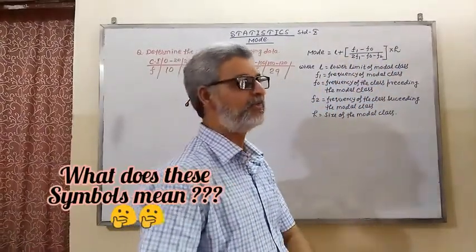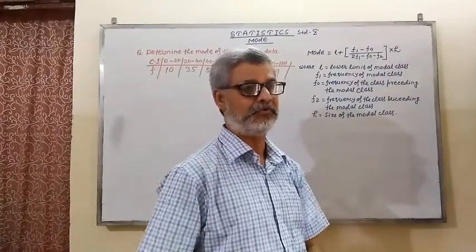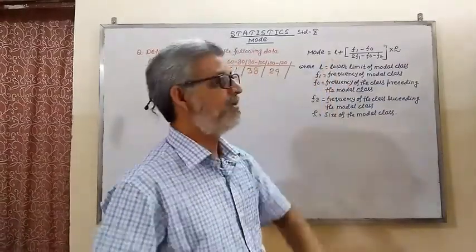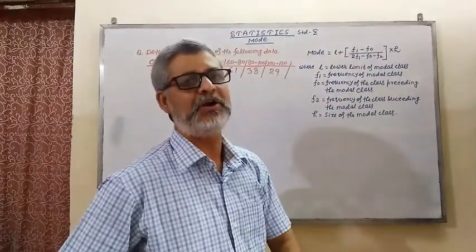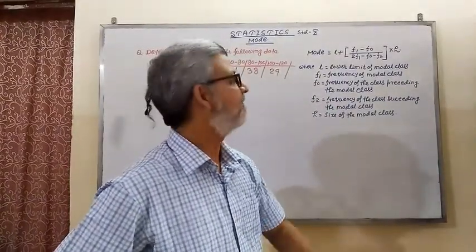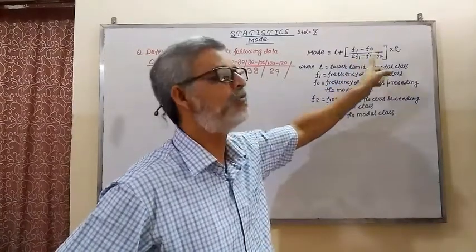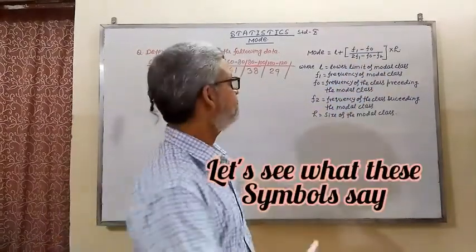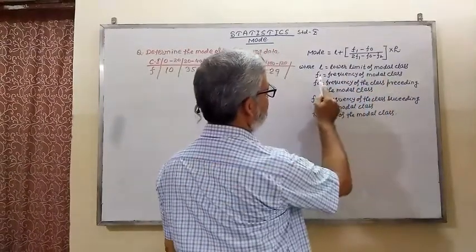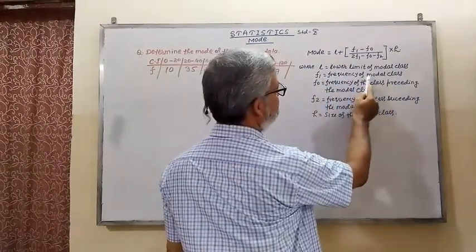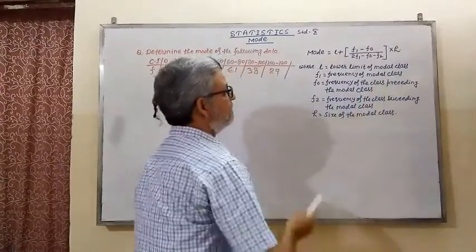Now the meaning of these symbols is also very important. Students, especially in the examination hall, get confused. This time in the board exam, the mode question was given and most students made mistakes in the values of F0, F1 and F2. L is the lower limit of the modal class. F1 is the frequency of the modal class.